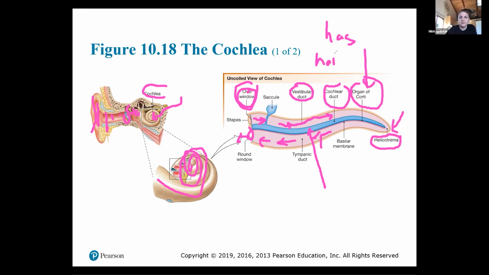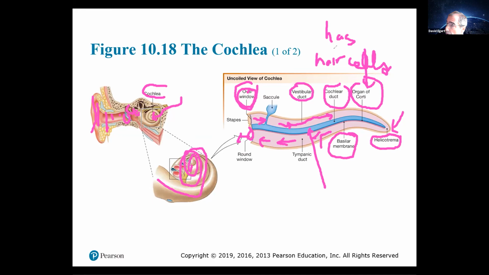Do you want us to know each of these structures, or is this just for reference? You should know that it goes up the vestibular duct and out the tympanic duct. The thing that's going to be really important is the basilar membrane and the organ of Corti, because those are the ones that are actually going to be involved with the real transformation of vibration into electrical signal.